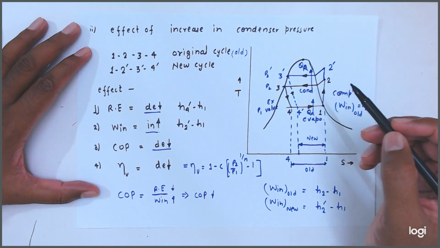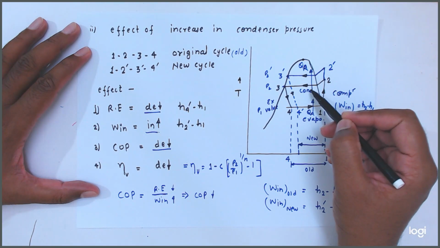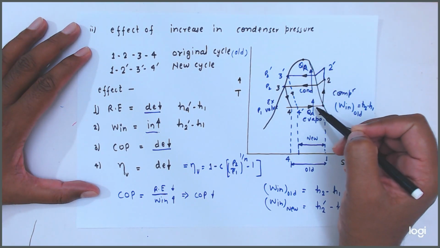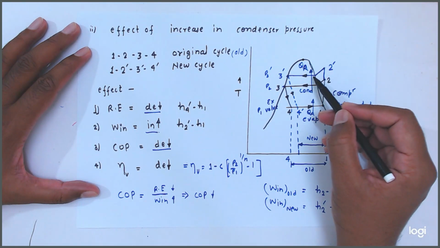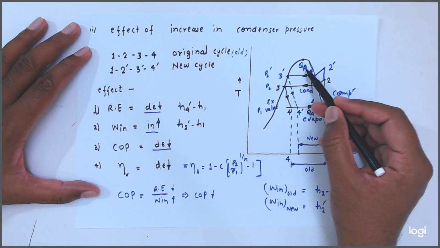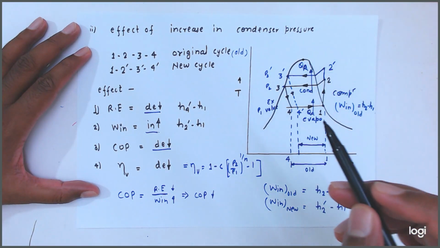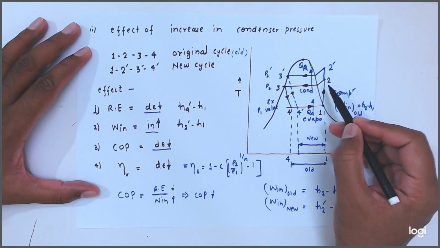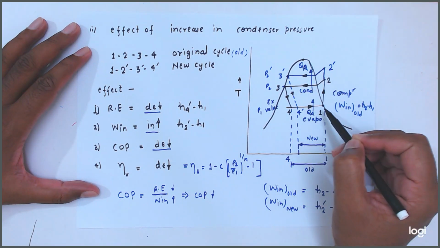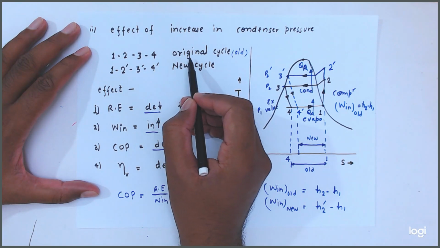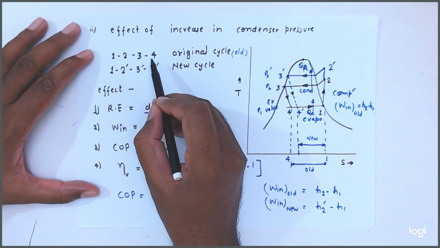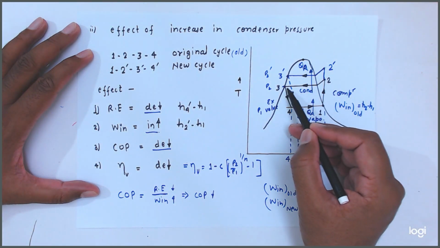And here in condenser heat rejection is there, so whatever heat is absorbed it will be rejected here in condenser. Getting friends? Now earlier our original cycle is 1 2 3 4 1. This is the original cycle.